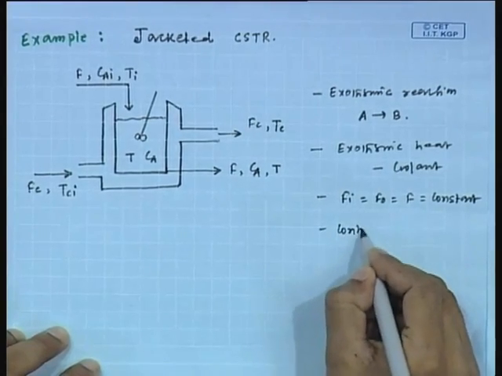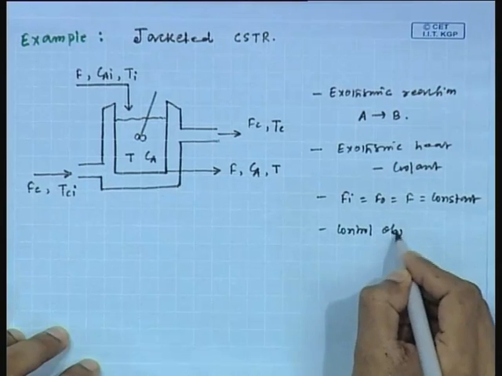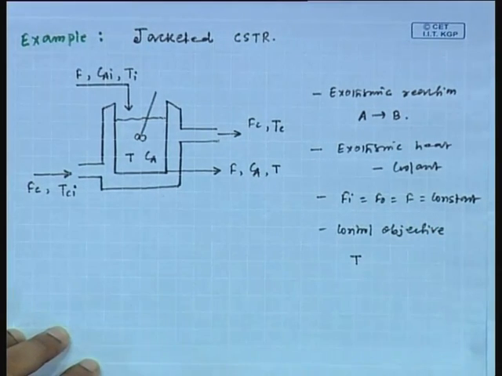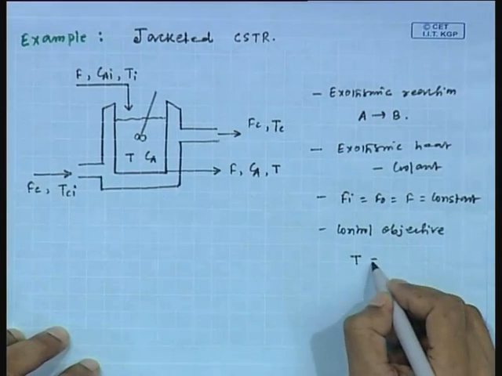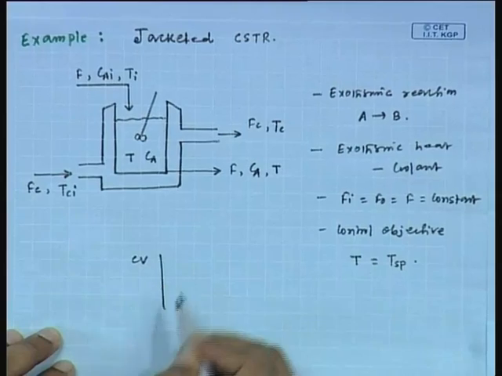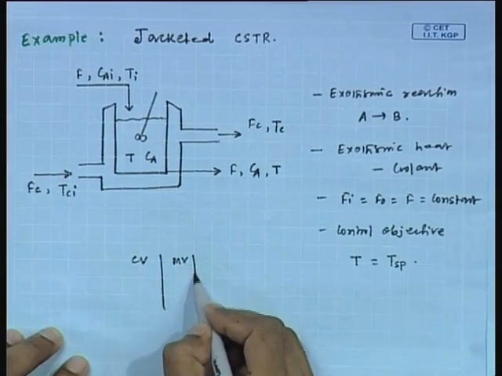For this example system, our control objective is to maintain the reactor temperature T at its set point value. Now, we will try to find the pairs.